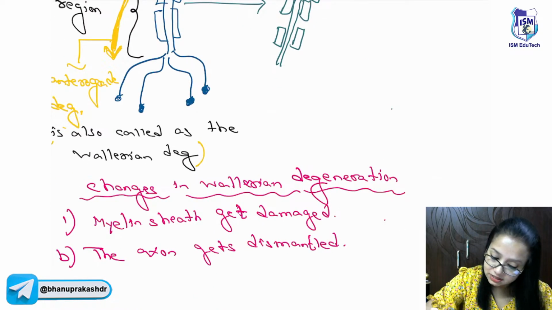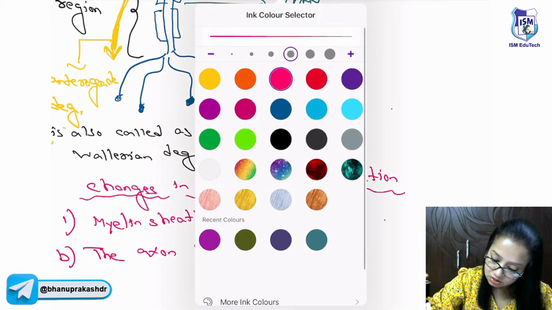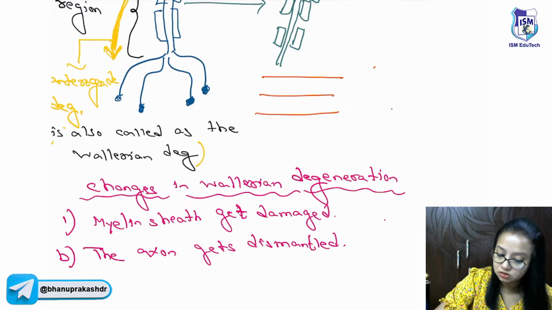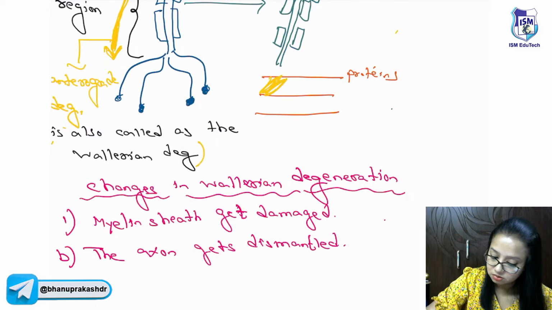And the myelin sheath, we know, is rich in lipid and very little in protein. So if these orange lines are the protein, say for our understanding, this is the lipid portion of the myelin sheath.